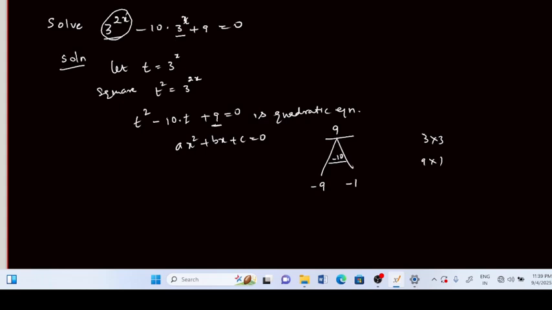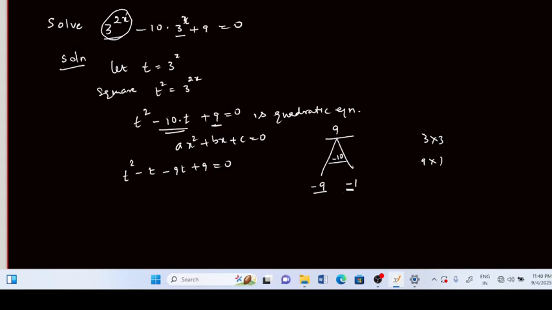So here t squared minus 1t using this one, then minus 9t plus 9 = 0. So this minus 10t can be written as minus t minus 9t using these two terms.